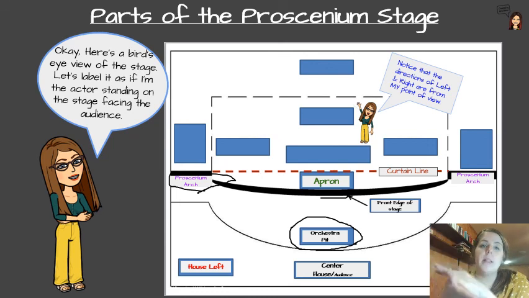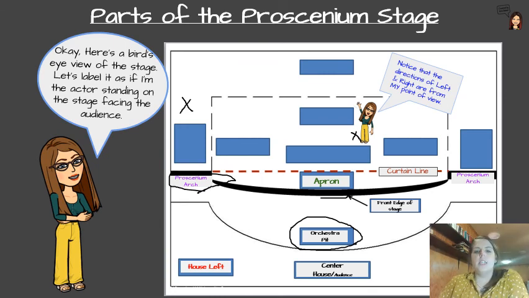Flipping that back over to label it, we've got our Bitmoji here. She's standing here. And the director needs her to go offstage, and they say, we need you to exit and end up over here. My Bitmoji is going to exit to her right.